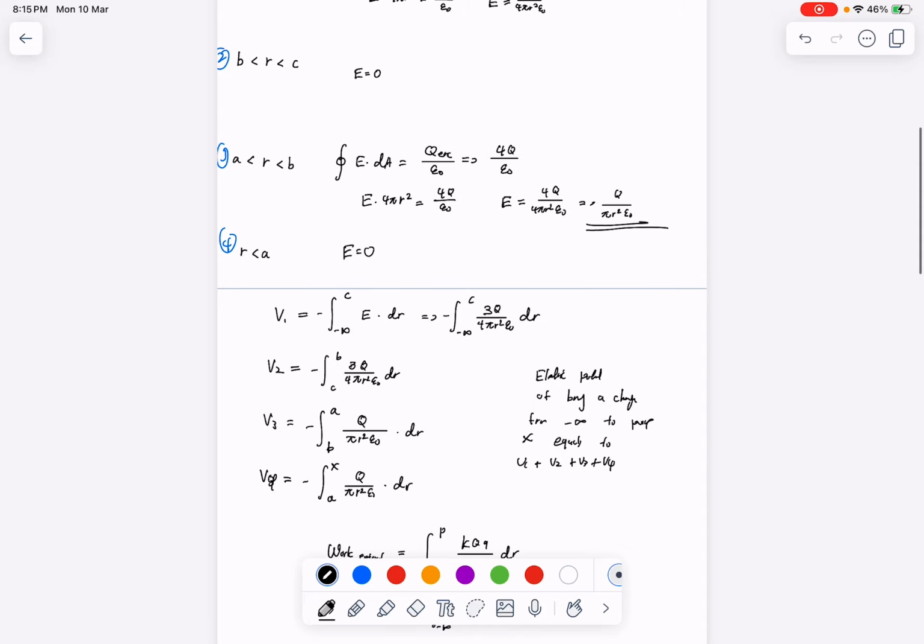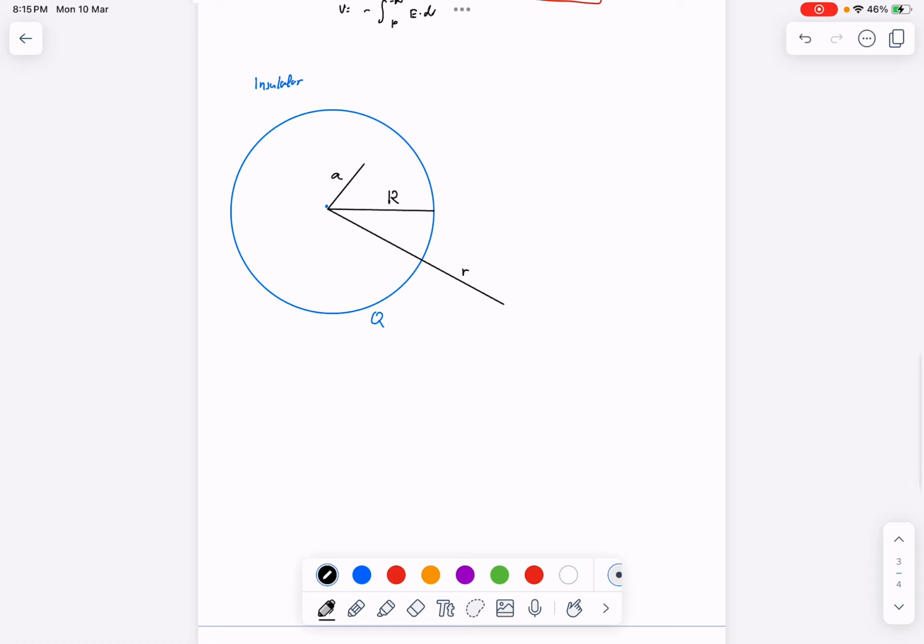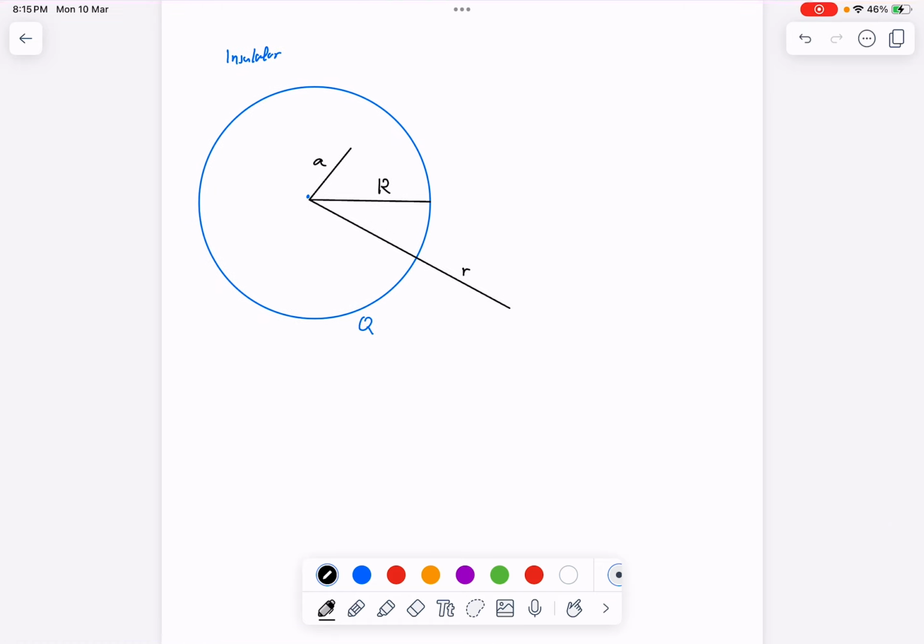There we go. And one more thing I want to talk about, which I actually left here. It's an insulator, an insulator with a uniform distribution of charge.